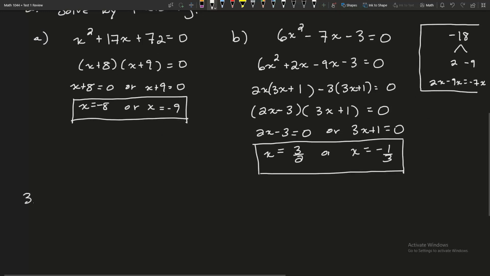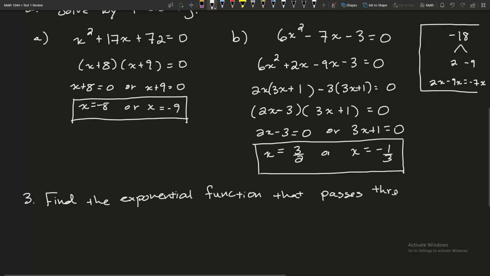Find the exponential function that passes through, let me kind of reverse engineer this. On the other review video I have, I believe I gave you the y-intercept. So I'll do one here where you don't have the y-intercept.